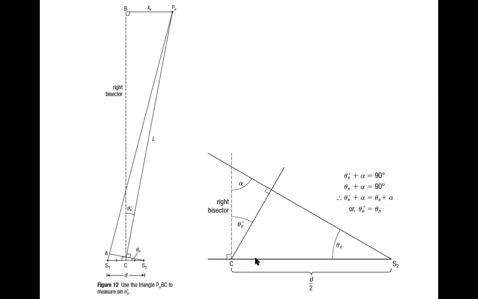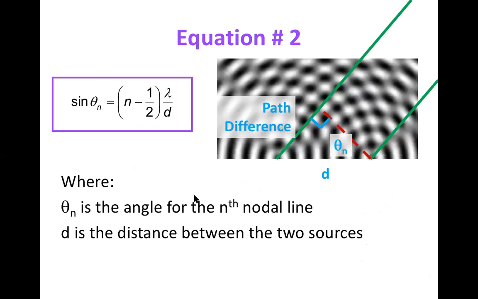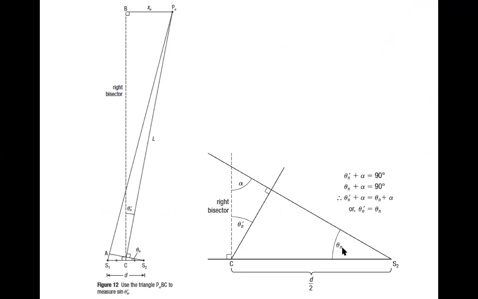Anyways, you can work out the angles to get theta n, and it's sine theta n equals this over d. Yeah, so we can use SI units of meters for this equation.